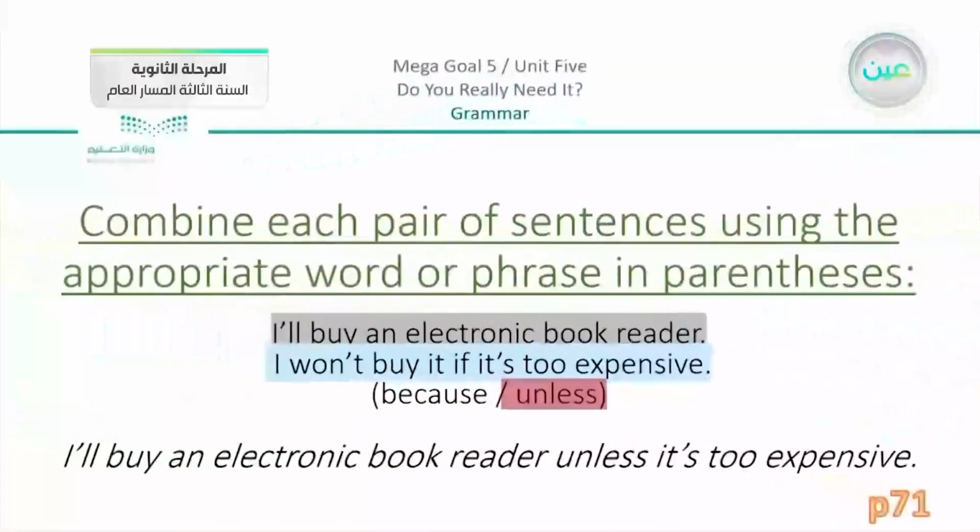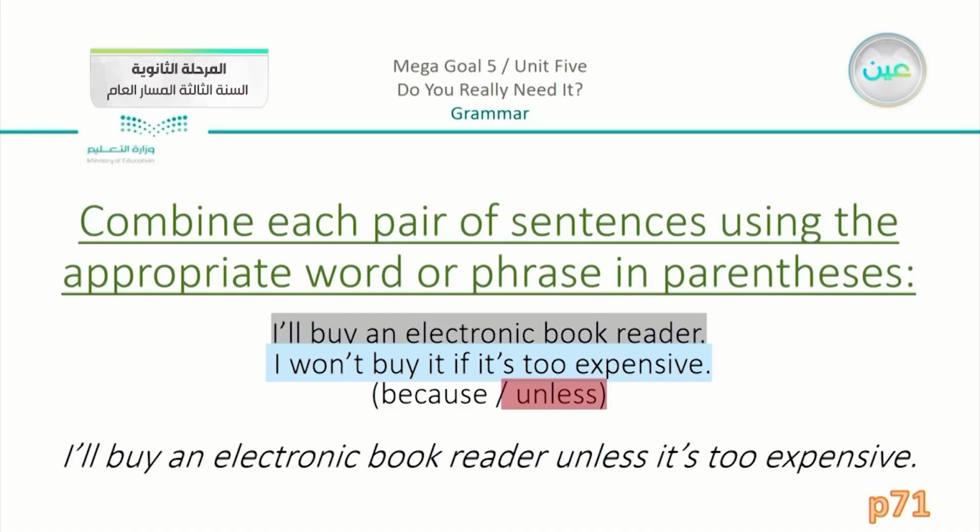Moving on with our third exercise, which is on page number 71, we have: combine each pair of sentences using the appropriate word or phrase in the parentheses. This is just an example. We have, I'll buy an electronic book reader, and the other sentence, I won't buy it if it's too expensive.